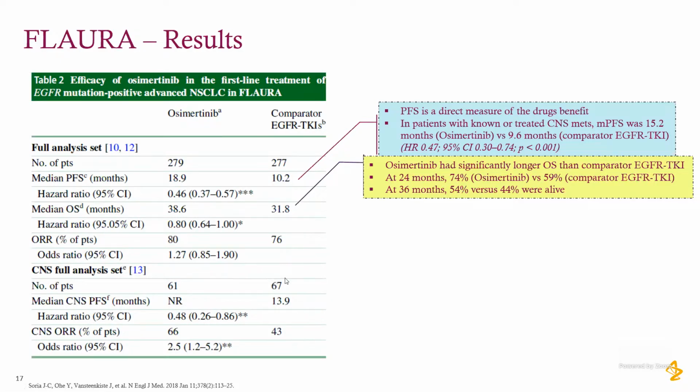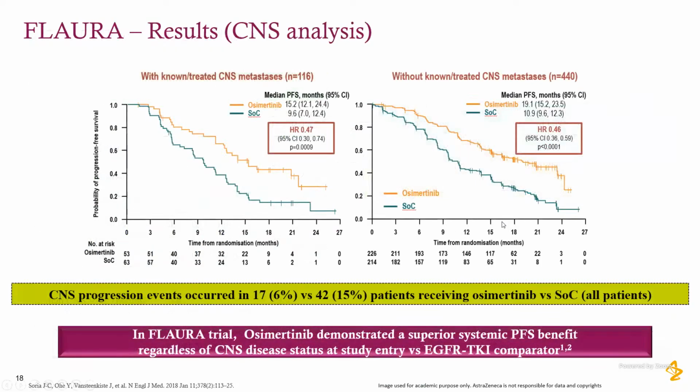Osimertinib had significantly longer OS in comparison to first generation TKI. After 2 years, 74% of patients in the osimertinib arm were alive versus almost 60% in the first generation TKI arm.